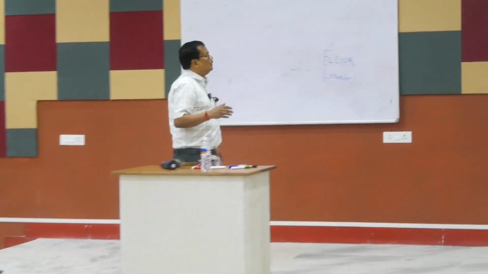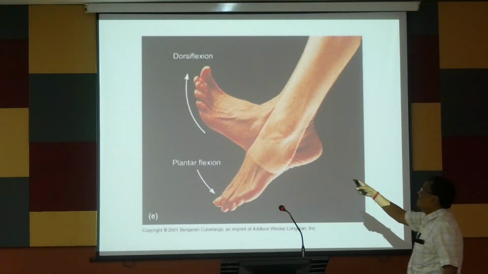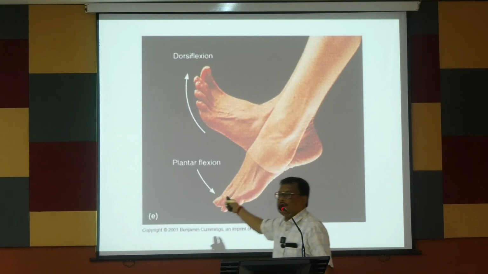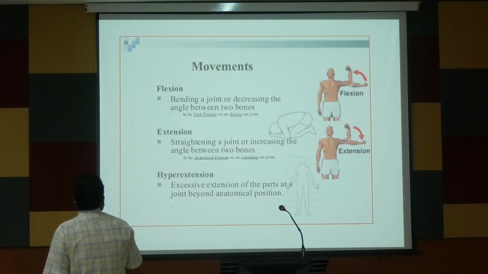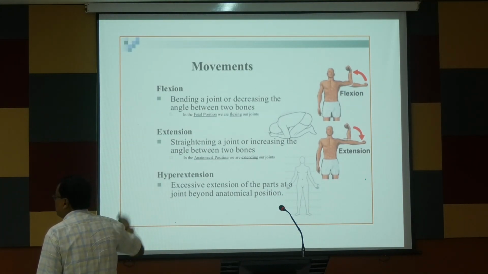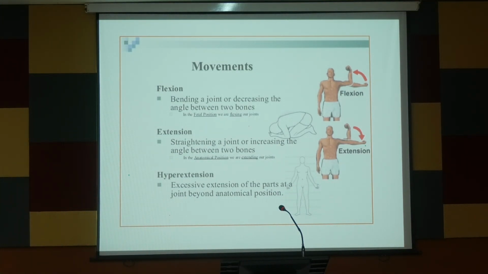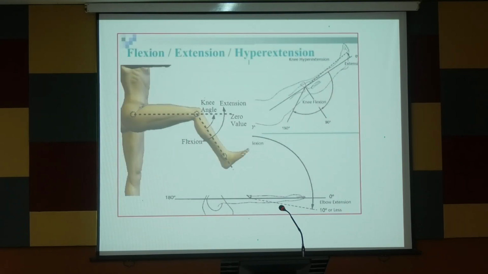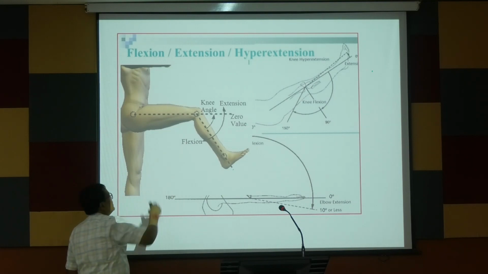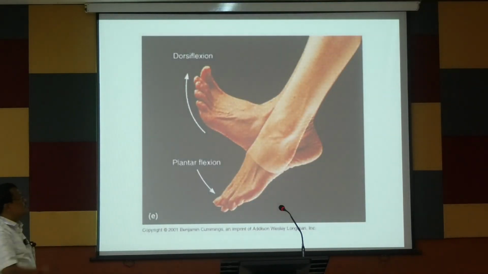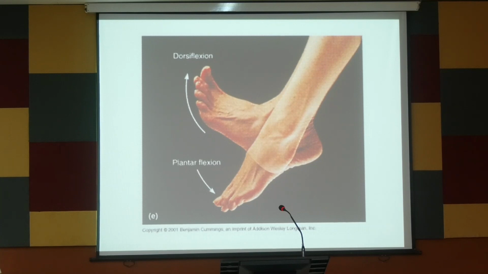So this dorsiflexion, plantiflexion, how is it? So these are the flexion, these are the extension. Look at the picture. So this is the flexion, this is the extension, but in case of the ankle joint, this is the plantar flexion, this is the dorsiflexion.